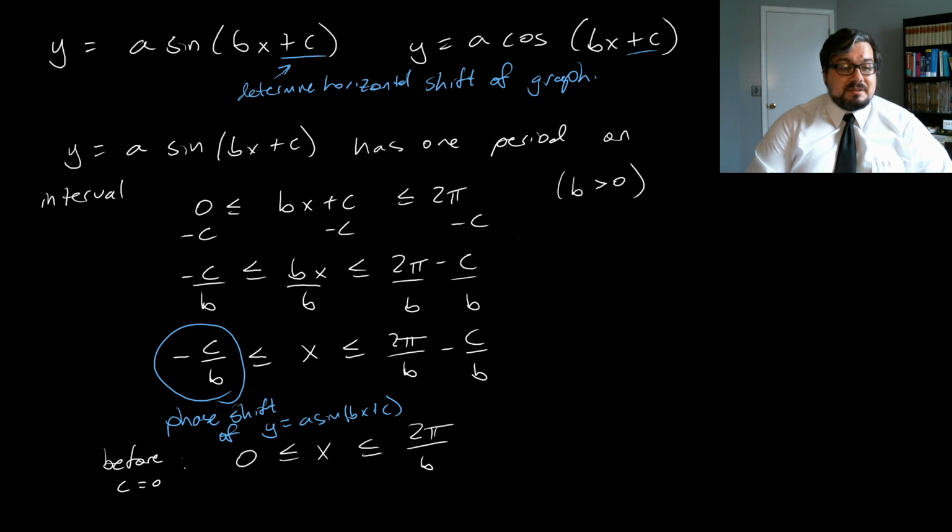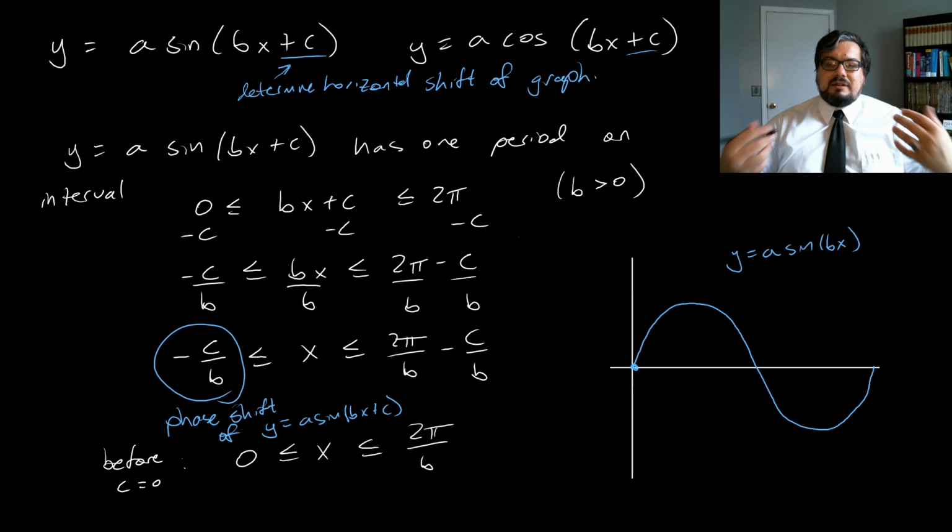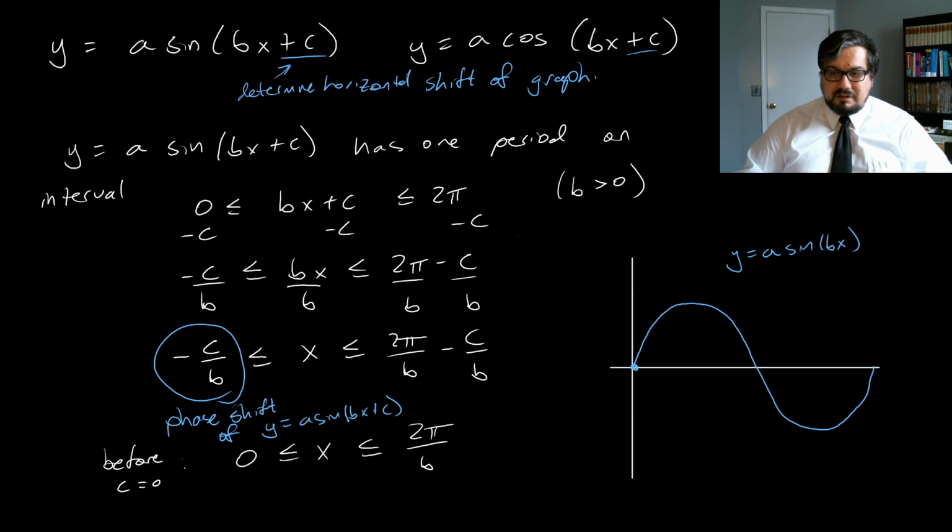And the point is the following. What this is going to do to the graph is the following. If I just had the graph y equals a sine bx, then I'd have something like this with a particular altitude, with a particular period.